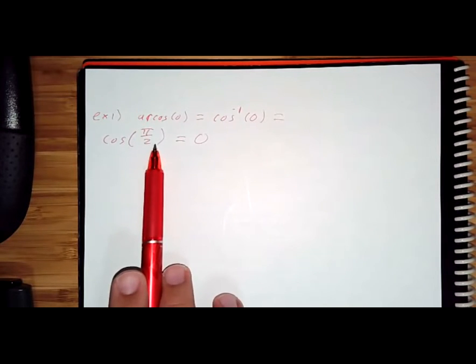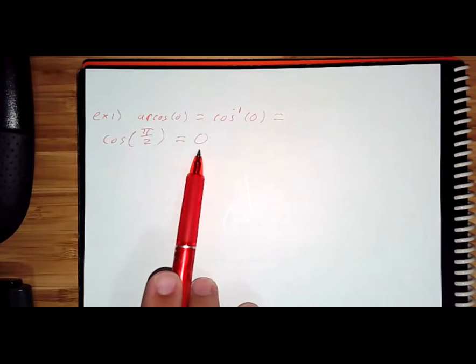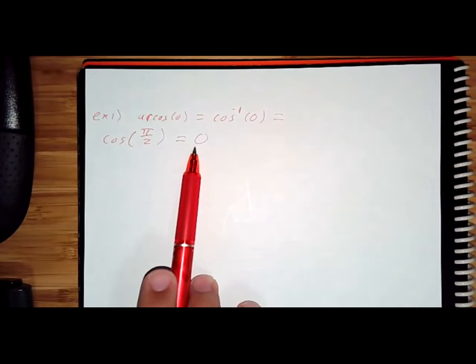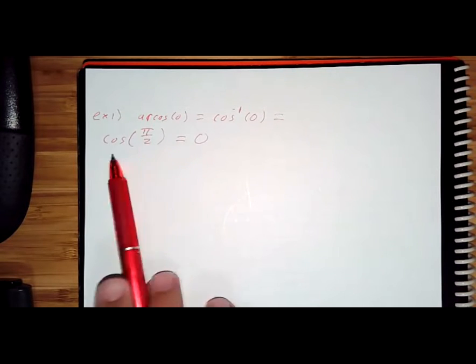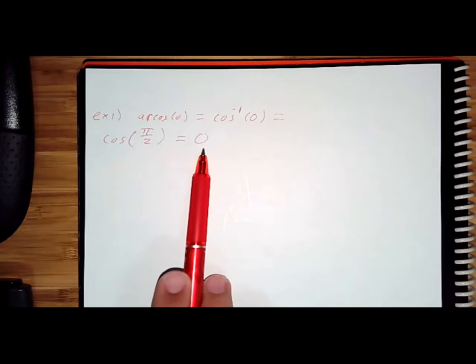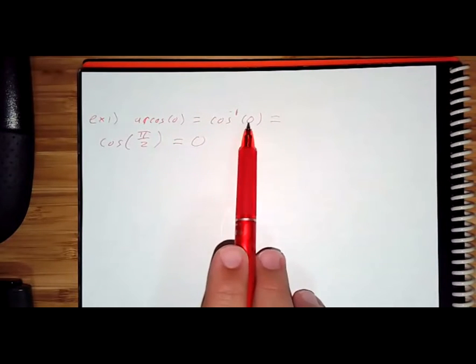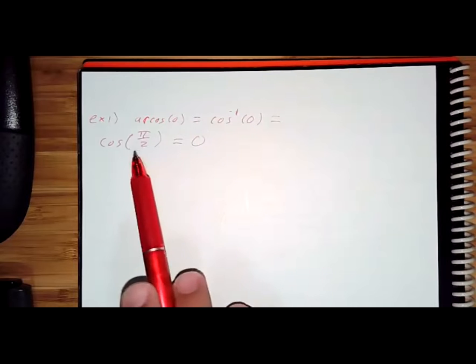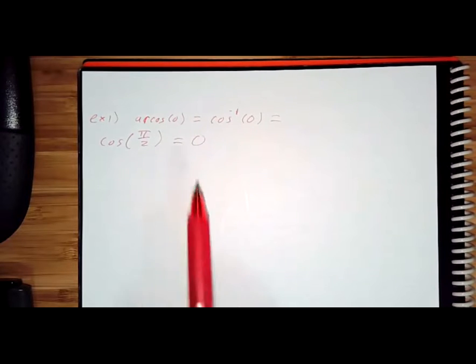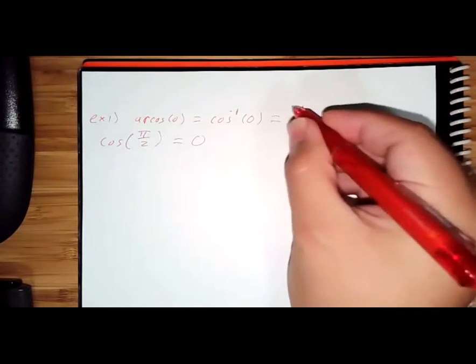The unit circle tells us that cosine is 0, based on the circle. What cosine does is take an angle and give you an x value. What cosine inverse, or arc cosine, does is take a value and give you the angle where it happened. So this happens at pi/2.